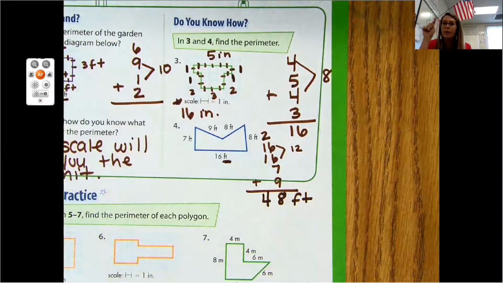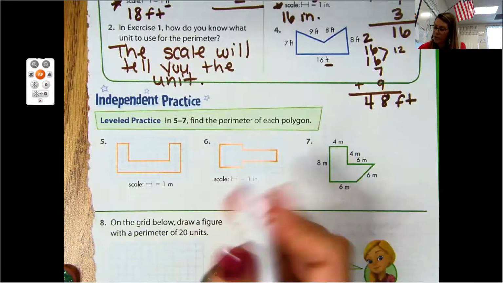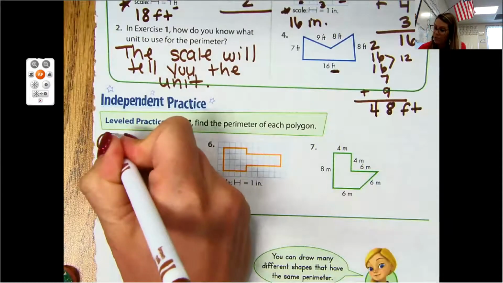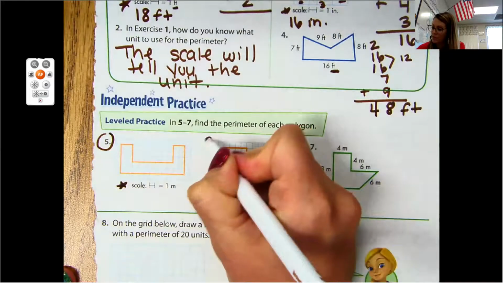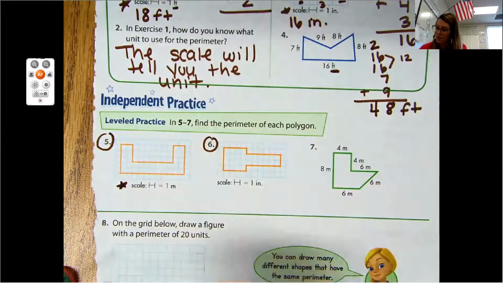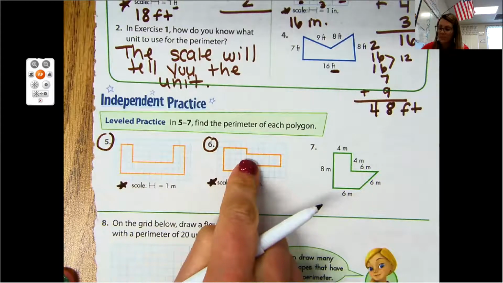Okay? Hopefully by now you feel pretty comfortable on the 2 different ways to find the perimeter. Remember, the perimeter is the length around the outside of your shape. And when you do that, you add up all the sides. So what you are going to do is you are going to do number 5 on your own. Pay attention to the scale. You're going to do number 6 on your own. Pay attention to the scale. Okay, what do you need to make sure you're doing for 5 and 6?